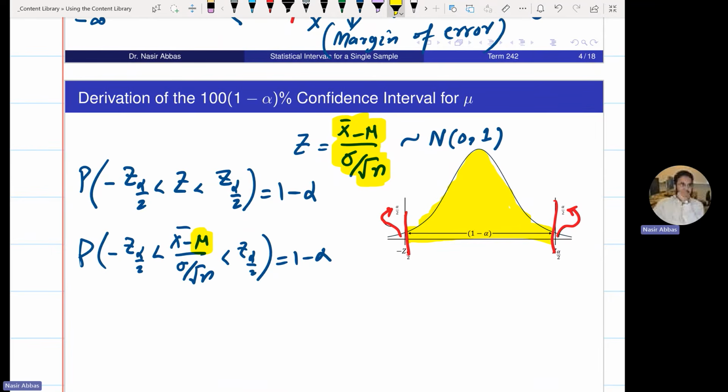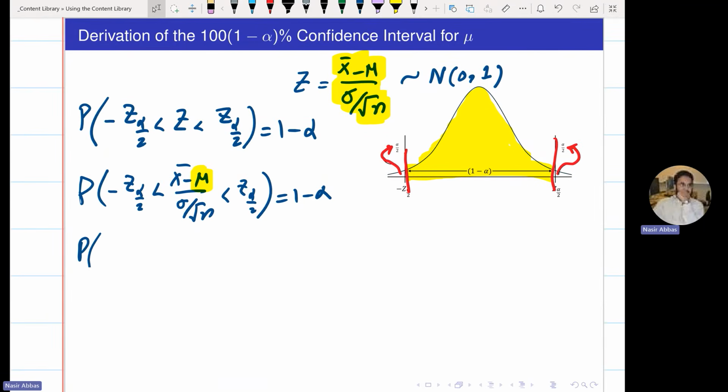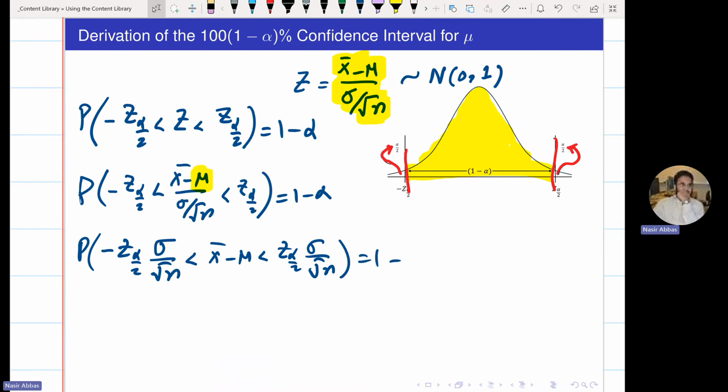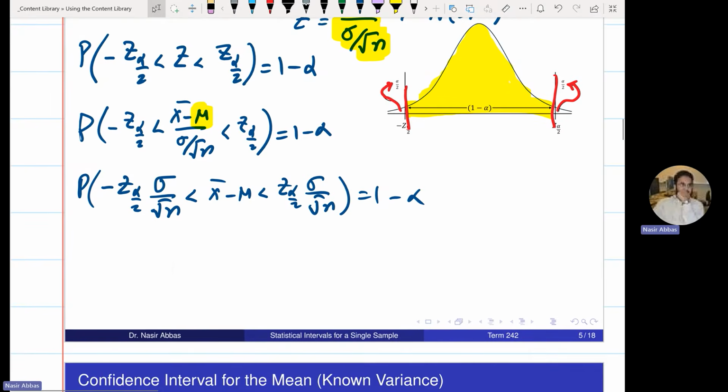So I will manipulate the equation to solve it for mu. I will keep mu in the middle and take everything else to the other sides. To do that, the first thing I will do is multiply by sigma over root of n inside the bracket. So I have probability of minus z alpha by 2 sigma over root of n, less than x bar minus mu, less than z alpha by 2 sigma over root of n, equals 1 minus alpha. Then I will subtract x bar from all three sides.